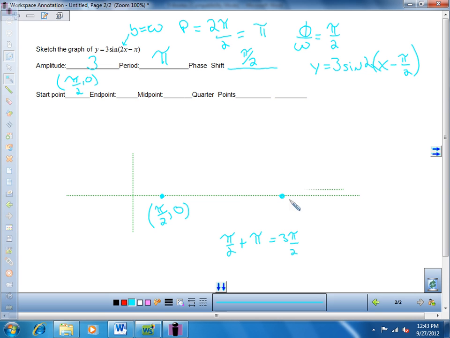So this point is going to be 3 pi over 2 comma 0. And then you have to find the middle, which is also going to be 0. And so you have to figure out what's halfway between pi over 2 and 3 pi over 2. What is it? Pi. How do you get that, Olivia?